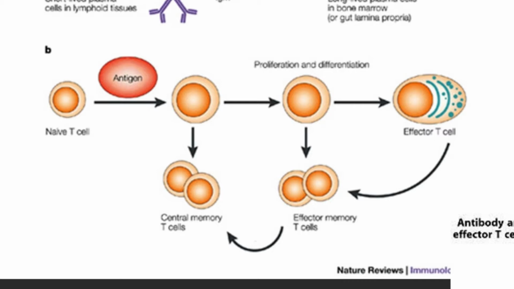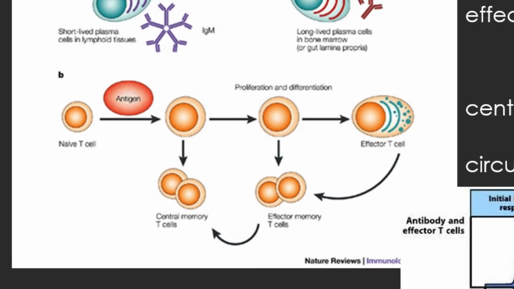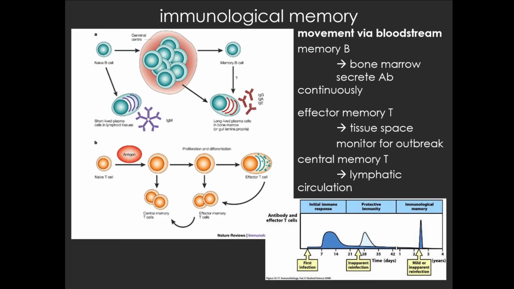So, regardless of how activation occurred, activation results in memory cells. And again, this memory is what makes the immune system adaptable.